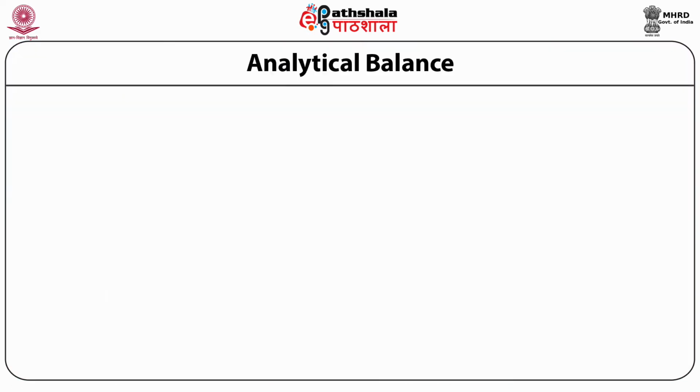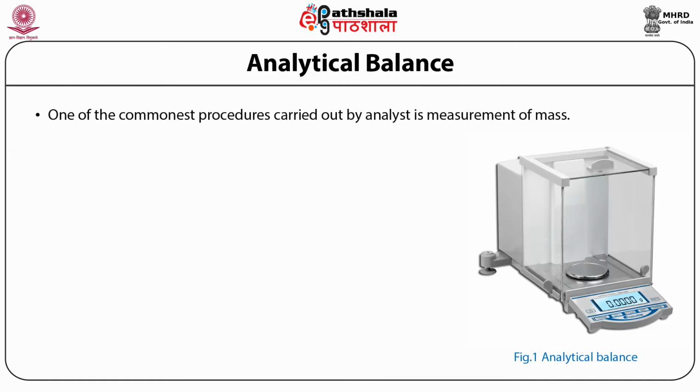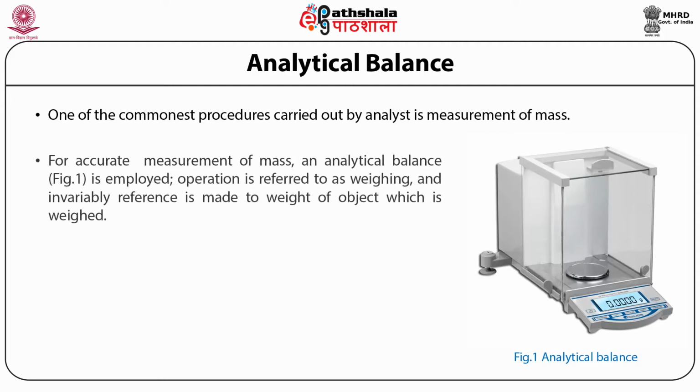Common apparatus used in the laboratory are: number one, balances. The analytical balance is one of the commonest procedures carried out by the analyst in the measurement of mass. For accurate measurement of mass, an analytical balance as shown in figure 1 is employed.